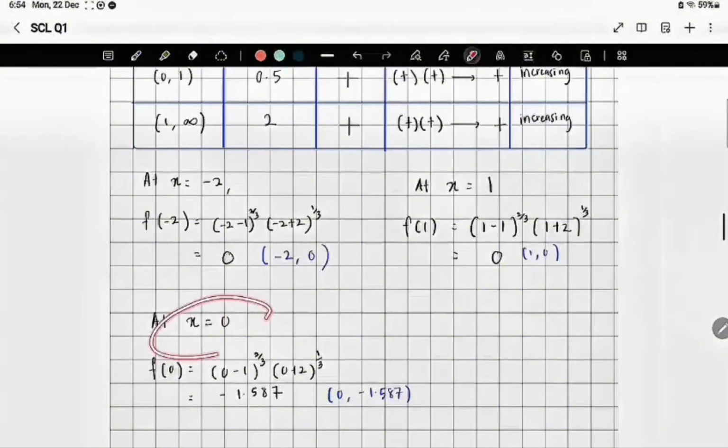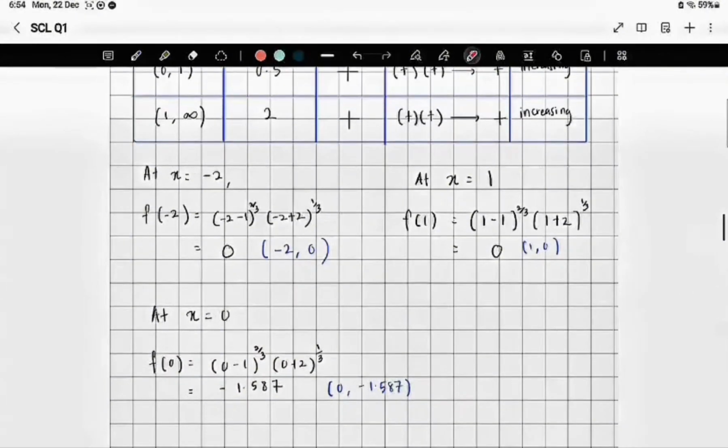Then at x equals 0, the sign changes from negative to positive, so we get the relative minimum at (0, -1.587). And lastly at x equals 1, our sign stays positive, so there is no extremum here.